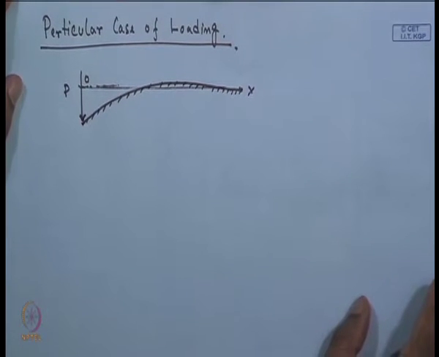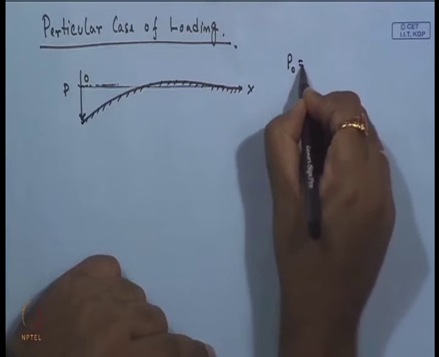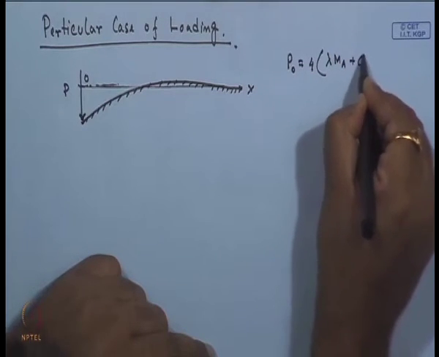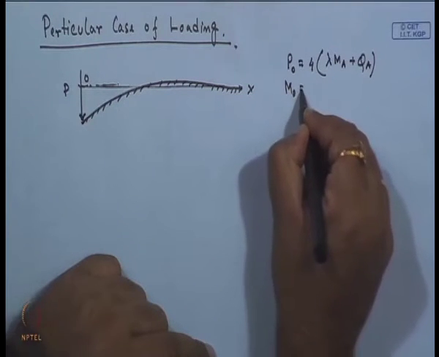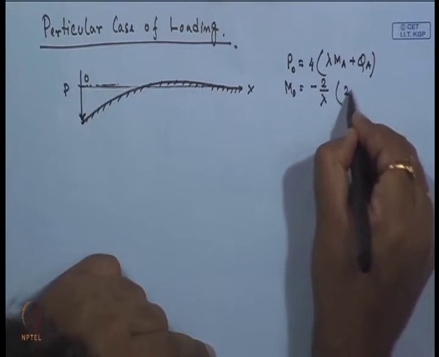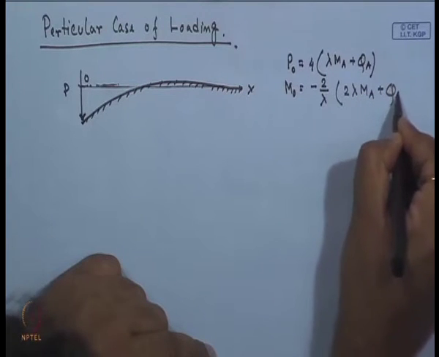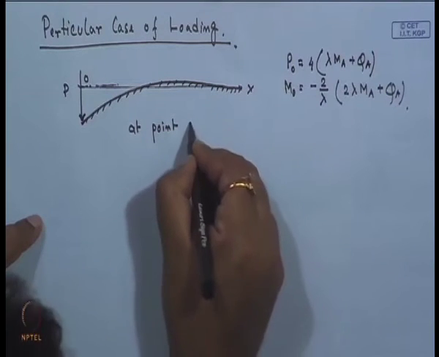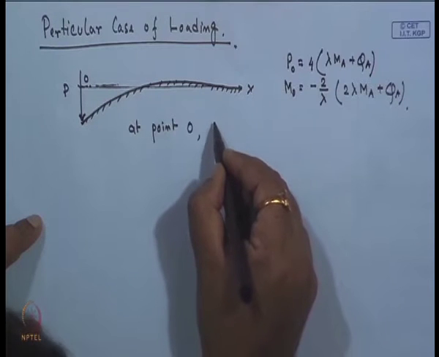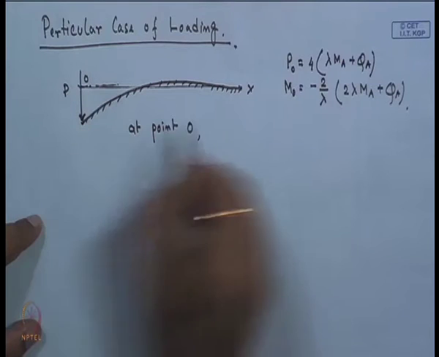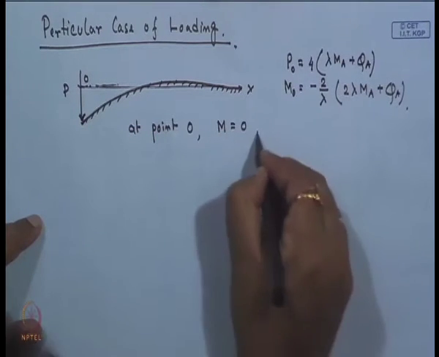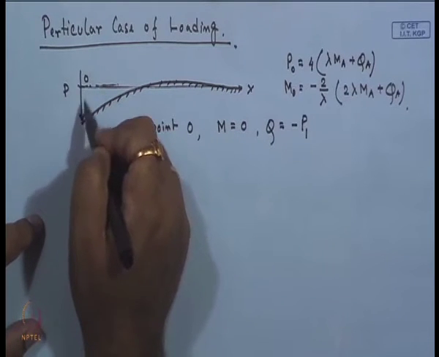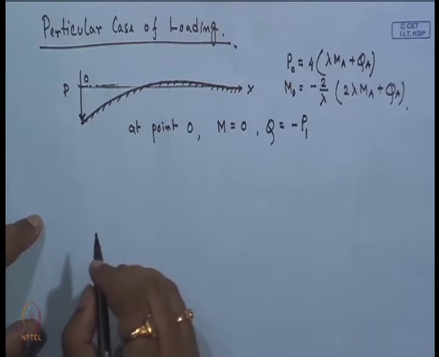So, if it is a free end semi infinite beam, then the expression of P 0 is equal to 4 lambda times M A plus Q A, and M 0 is minus 2 by lambda times M A plus Q A. So, at point O, as it is a free end beam subjected to a concentrated load P, the moment will be 0 and the shear force will be minus P 1, because P is acting downwards on this side.